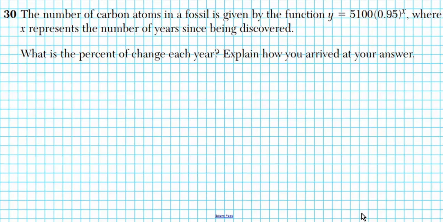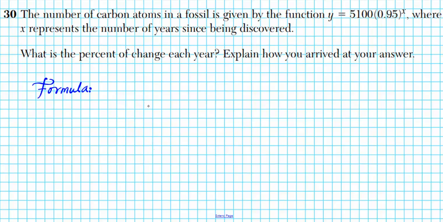Alright, to get us started, let's go ahead and write down the formula for this scenario. Now, when we're dealing with some fossils, what type of exponential situation are we dealing with? Is this exponential growth or exponential decay?